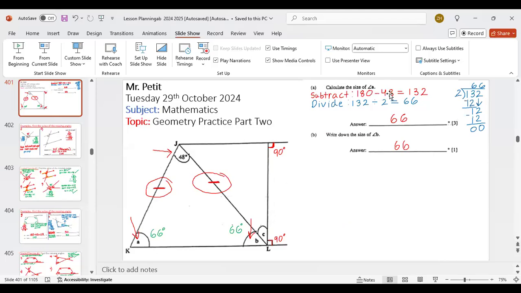Then we do the same thing we did on Sunday. We take the 132, and the 132 is not just for A, it is for A and B. So we have to split it. We divide by 2, and that gives you that A is 66 and B is 66. Understand that? Yes, sir.